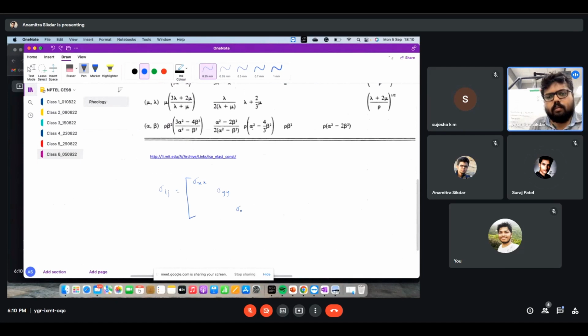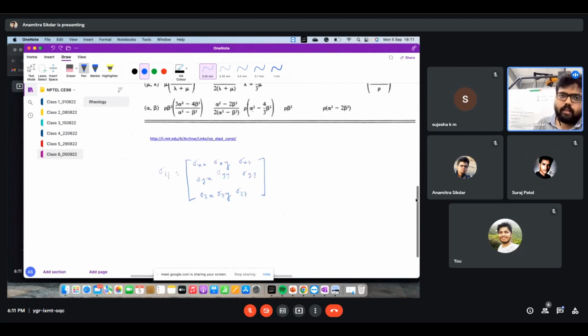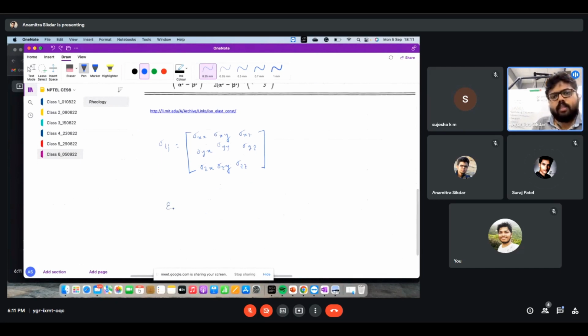Here it will be sigma zz and sigma xy, sigma xz, sigma yx, sigma yz, sigma zx, sigma zy. All right. So this is how the deformation matrix is. This is actually the strain matrix, a stress matrix. So likewise, the deformation matrix you can write like this, right?